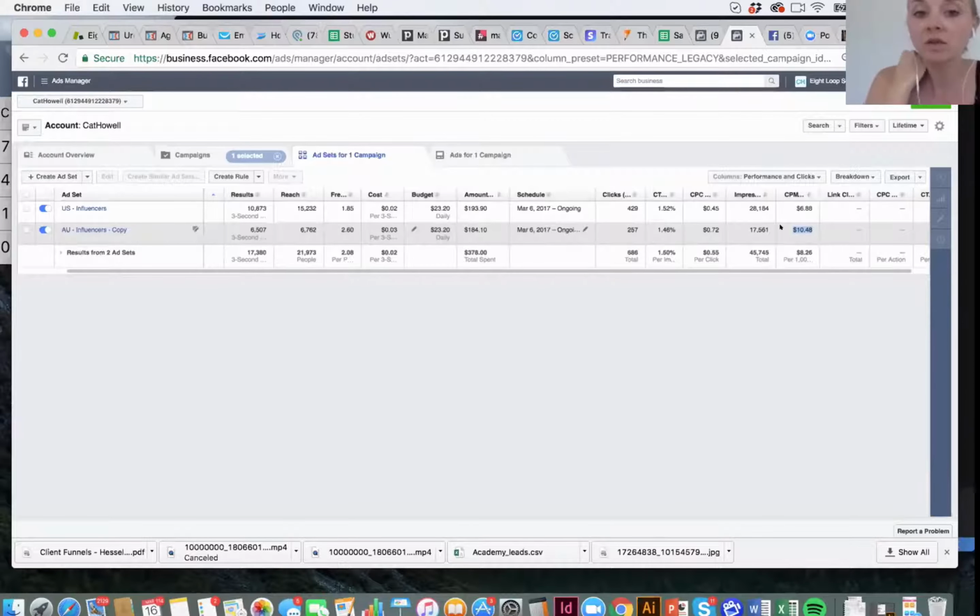Well, some ways to drop the CPM is to make sure you have exclusions in your targeting. It's to social proof your ad because Facebook loves engaged pieces of ads. So those are ways to drop the CPM. And I could also split test a different piece of targeting. So let's say I say, well, this is still unacceptable to me. I need to get this down to 0.2.